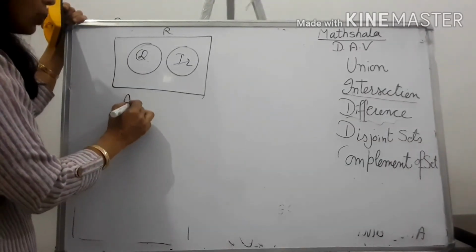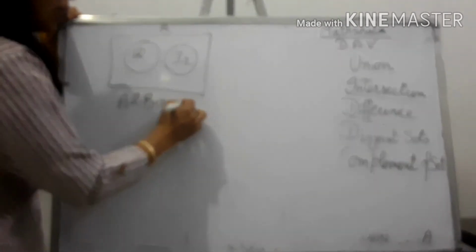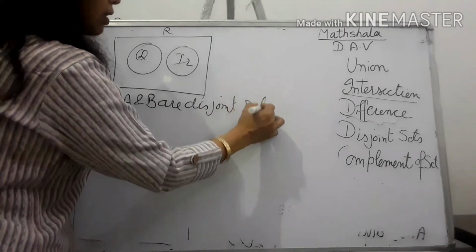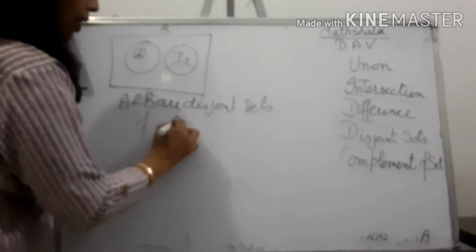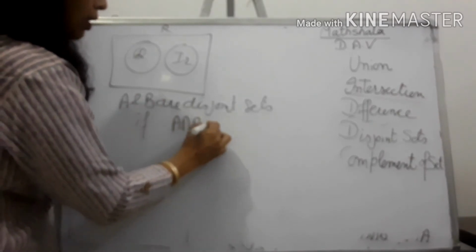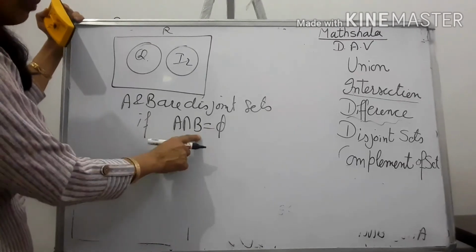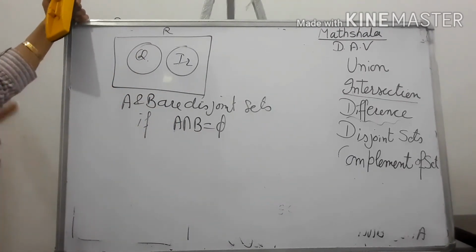Their intersection is empty. A and B are disjoint sets if A intersection B is the empty set. There is no element common between the two sets.